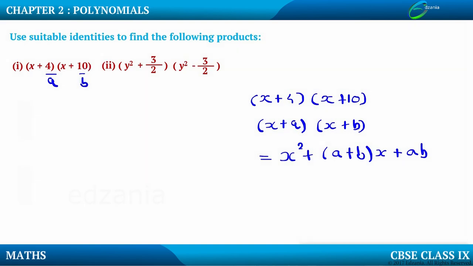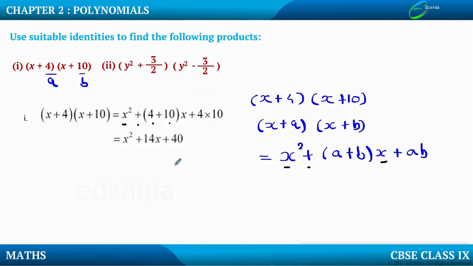So let us solve this and check what we are getting. x plus 4 into x plus 10 is x square plus a plus b, that is 4 plus 10, into x plus ab, that is 4 into 10. So we get the answer as x square plus 14x plus 40, because 4 plus 10 is 14 and 4 into 10 is 40. So it is very simple.